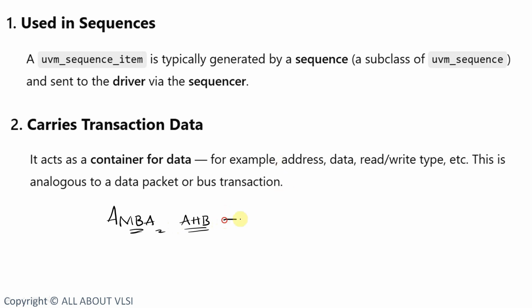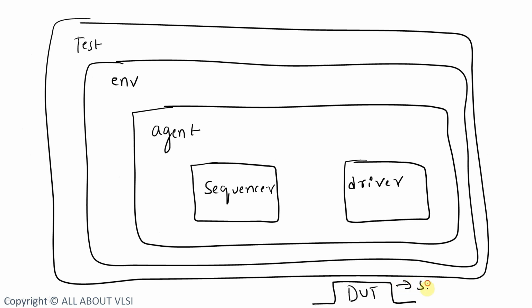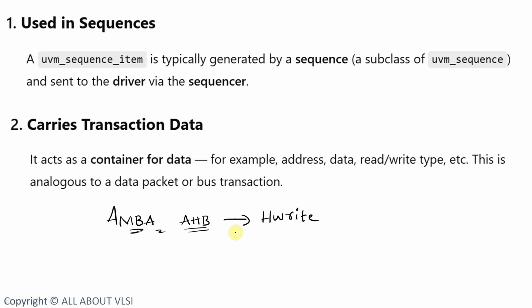So my design is expecting, let's say, the H write signal. Basically it is an AHB slave. My design is an AHB slave, so it is expecting the H write signal and it is also expecting the H trans signal. Okay, so let's say these are the signals which our design is expecting: H write, H trans, and H burst.